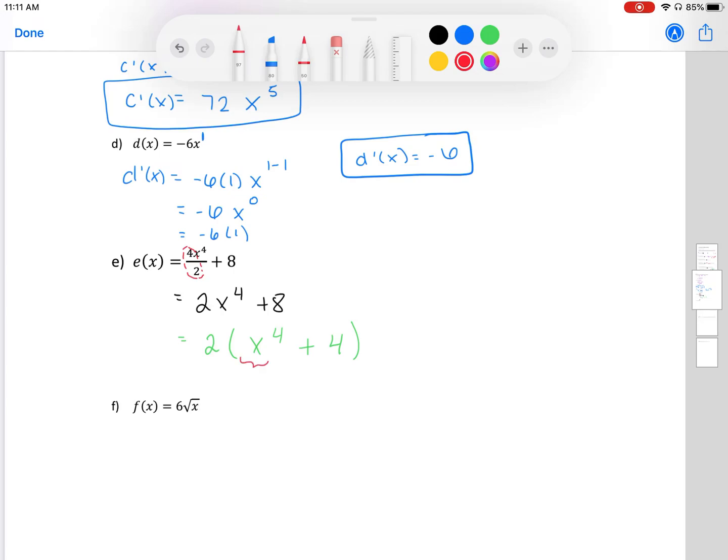So that I have 2 times 4x cubed plus 0, so that my derivative is 2 times 4x cubed, which is just 8x cubed.